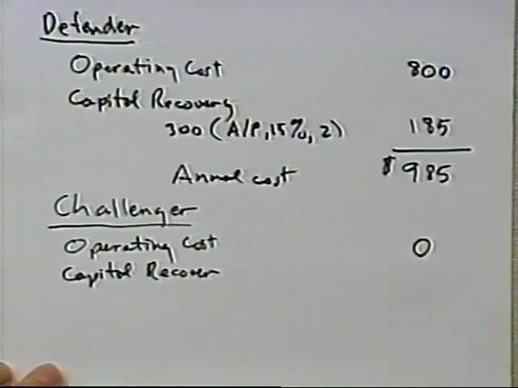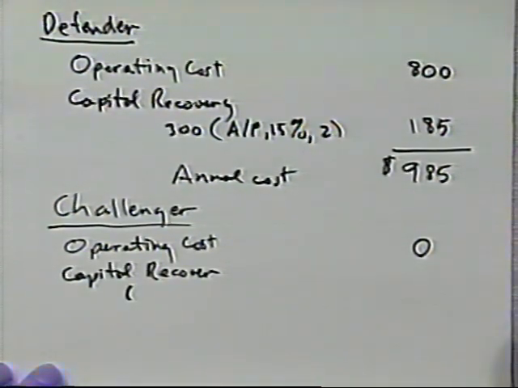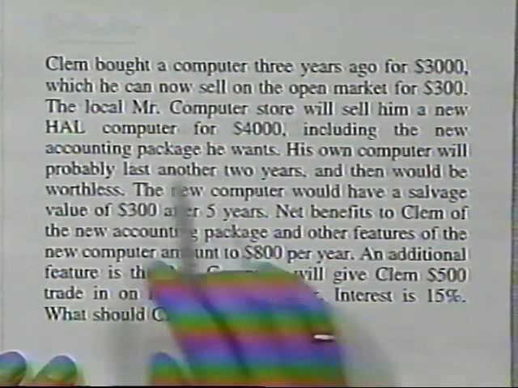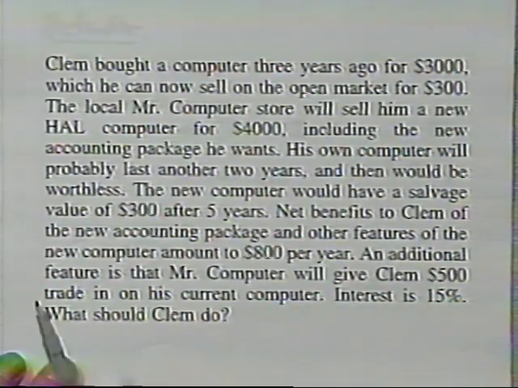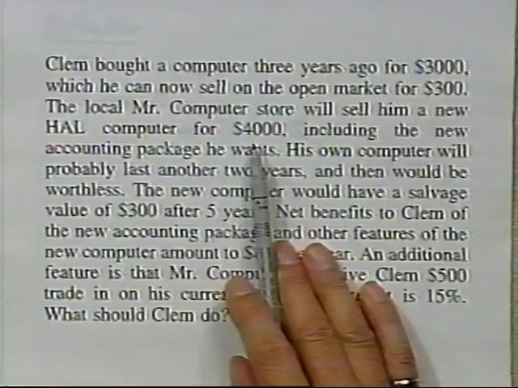I'll use the capital recovery formula here, which takes the current value and subtract off the salvage value. Let's have a close look at what that current value is. The problem statement says that the local Mr. Computer store will sell him a new HAL computer for $4,000. So intuition would say, well, the price of the new computer is $4,000. But let's look a little more carefully at this.